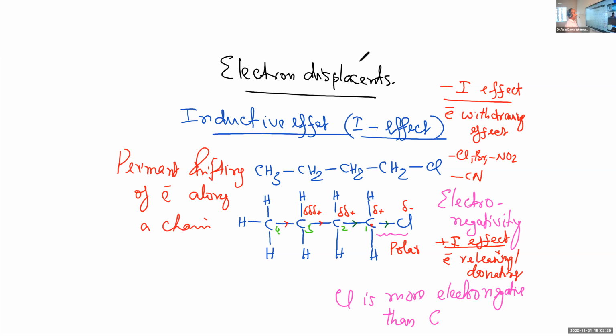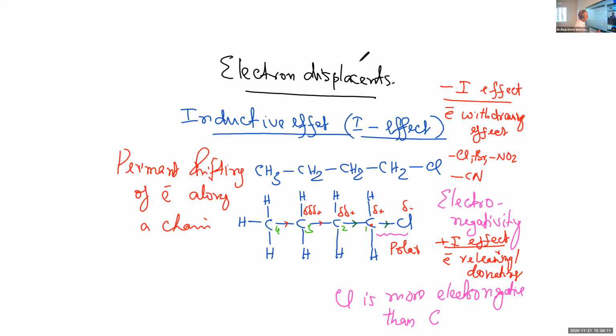So the electron releasing or electron donating inductive effect is called plus I effect or positive inductive effect. And such groups or atoms are called plus I groups or electron releasing groups or electron donating groups.